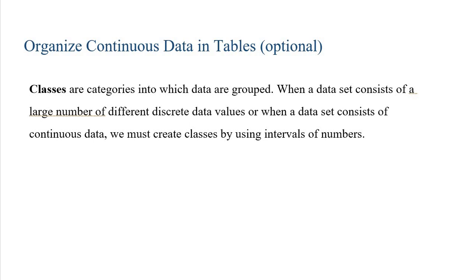In this case, when we have continuous data, the classes are different. The classes are basically categories into which data are grouped. When the data set consists of a large number of different discrete data values, or when a data set is continuous, we must create classes by using intervals of numbers.